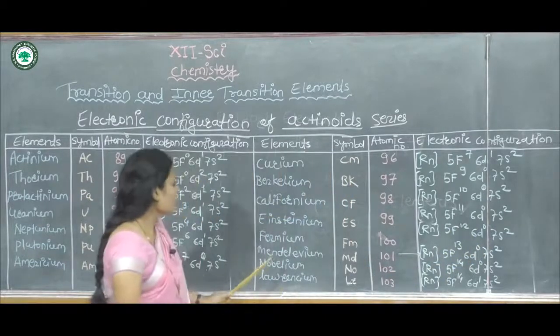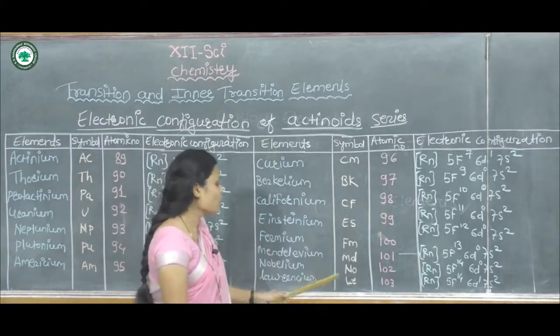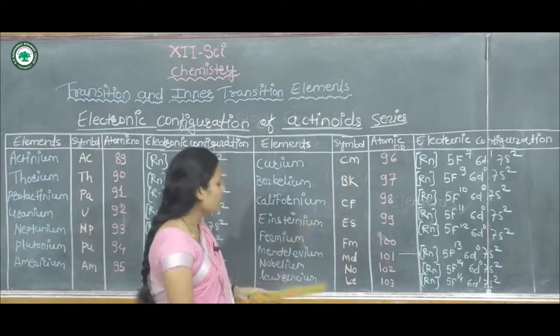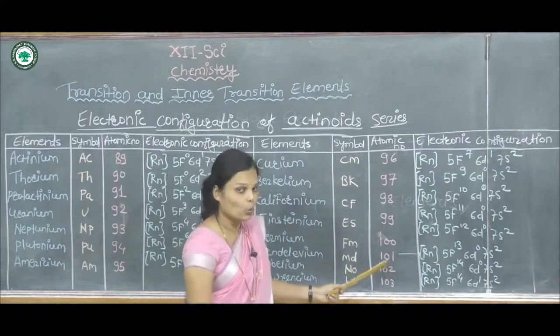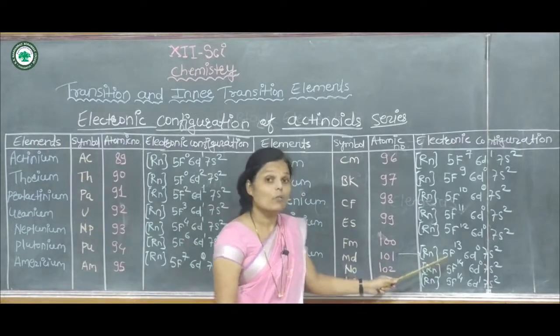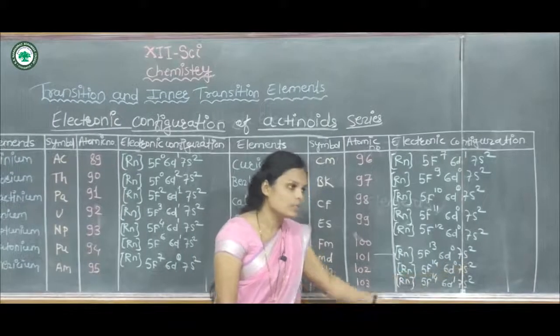Next element is nobelium. The symbol of nobelium is capital N and small o, and its atomic number is 102, and its electronic configuration is 5f14, 6d0 and 7s2.